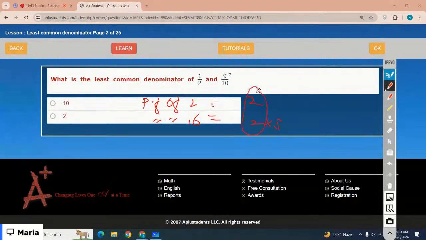So you have a common number 2 and a non-common 5, that is 10. The correct option is 10.